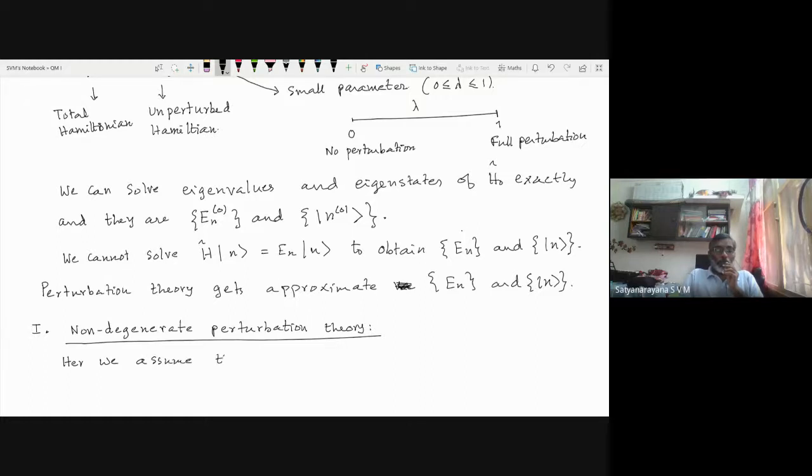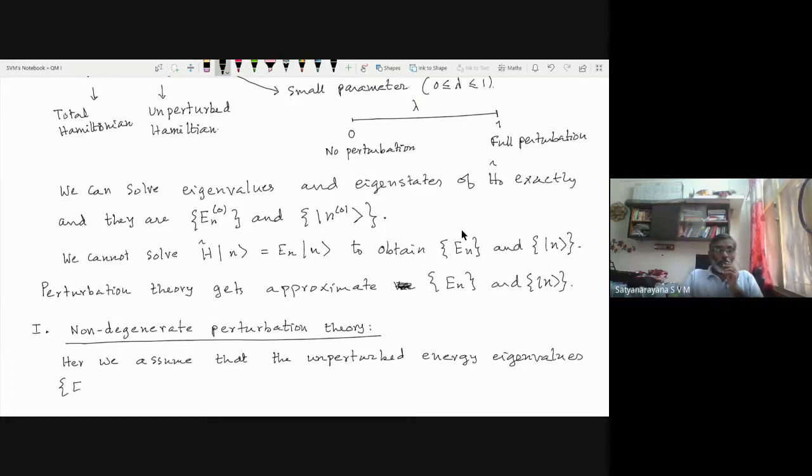that the unperturbed energy eigenvalues, what are they?